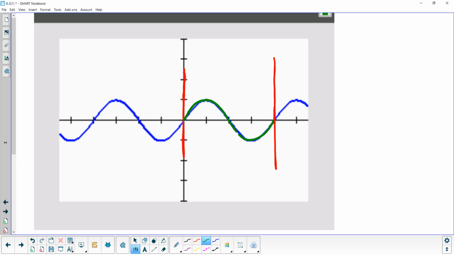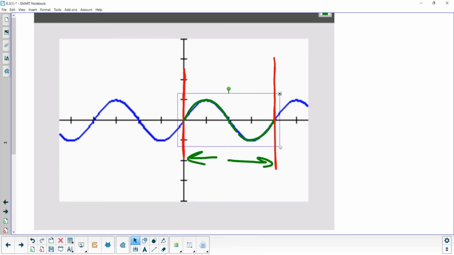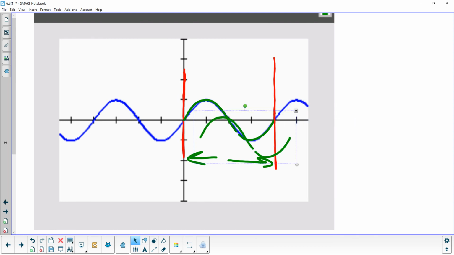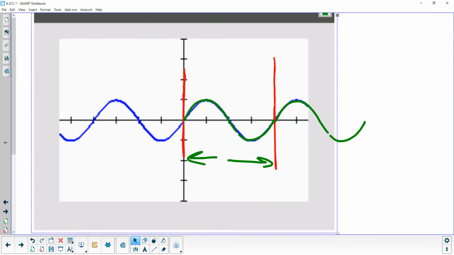That pattern is going to keep repeating. So once you've drawn this much of the graph between those two red lines, you've seen everything that's going to happen. To get the next section, all you have to do is click on that, copy and paste it, put it right there, and there's the next section of your graph.